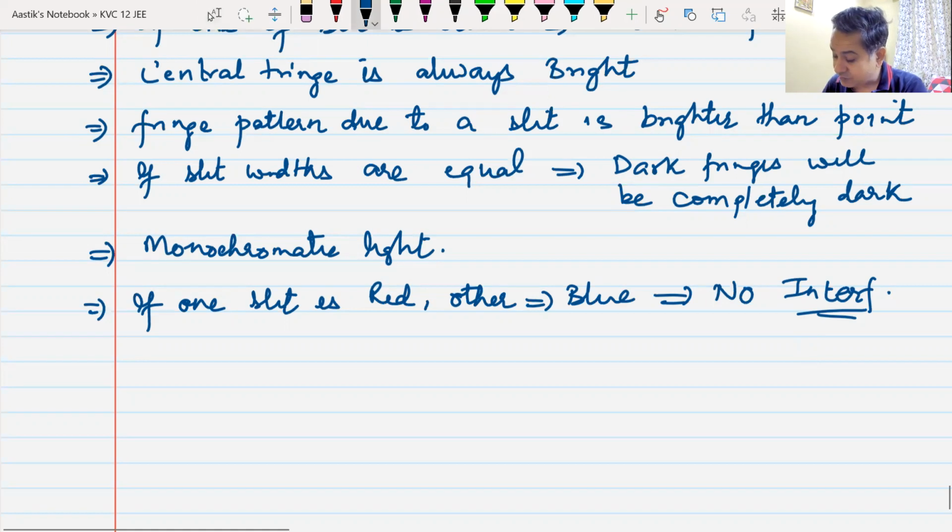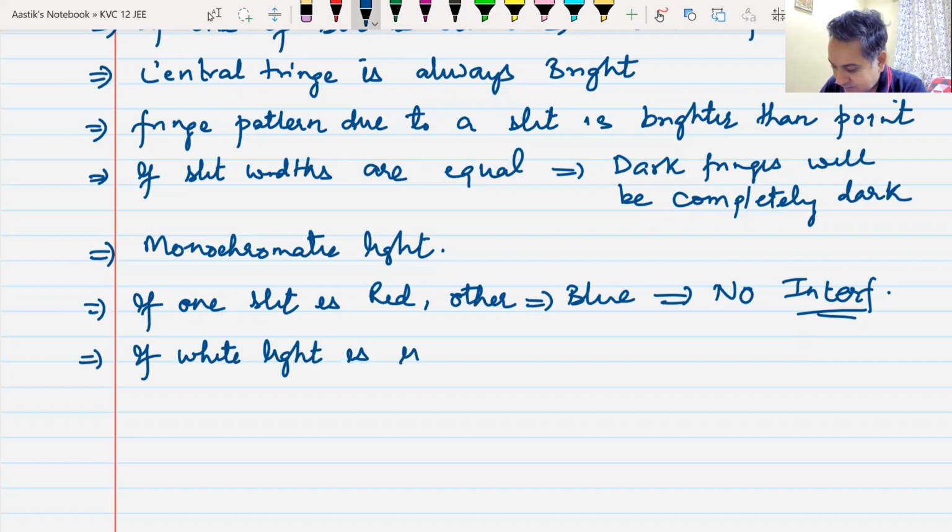If white light is used, then we'll have, number 1. Remember this, these will come as questions in your exam.